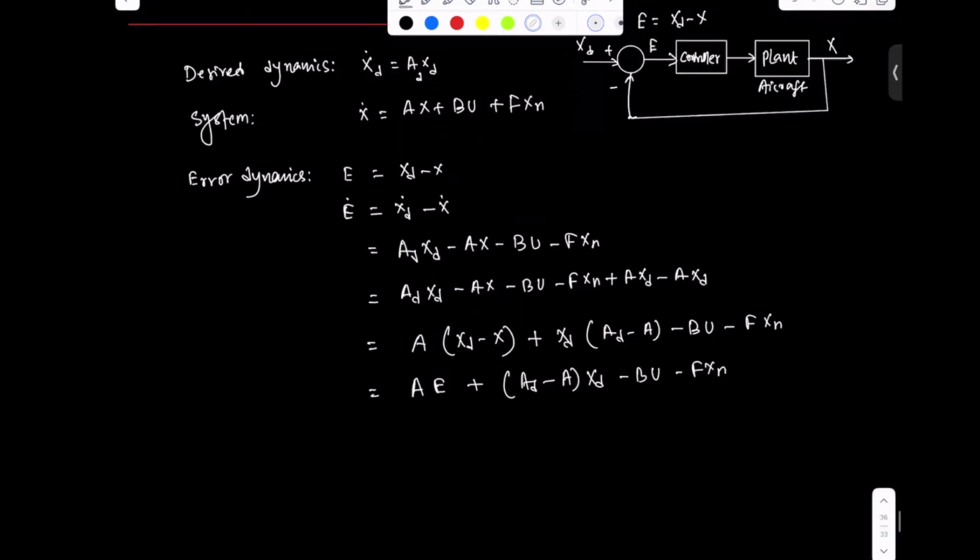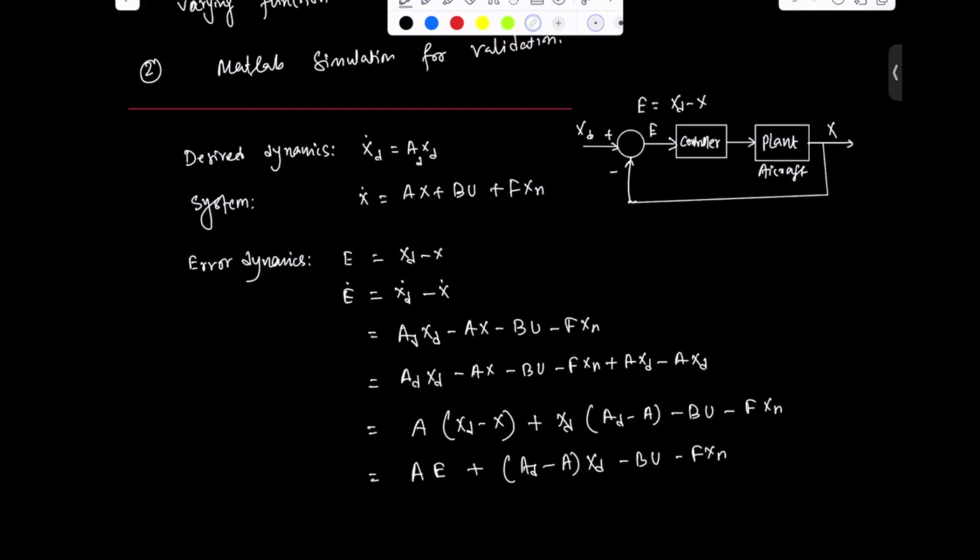But in the previous lecture, since xt was 0, u could be formed as minus Kx. Why? Because generally we define u as Ke. Since xt is 0, we can write K times minus x, so minus Kx.